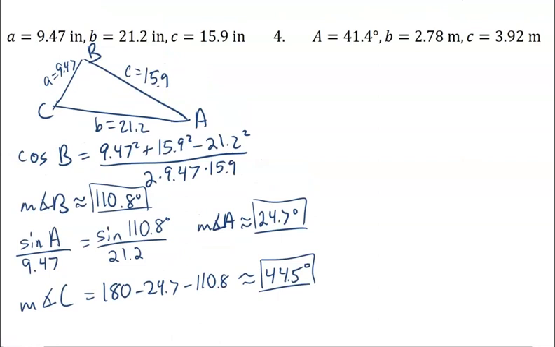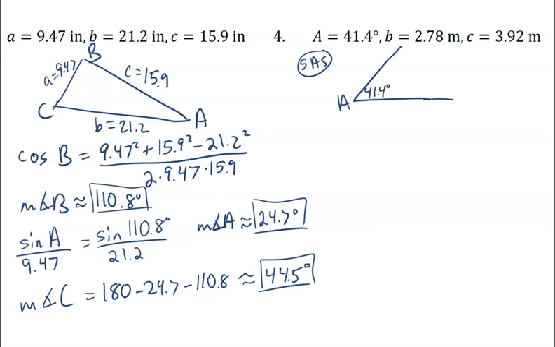All right, the last one here. I do have an angle and I have two sides. Because this is letter A, I know that it's the angle that's included between these two sides. So I have side angle side here. Okay, so when we draw this, I'm going to put angle A down here, and that's at 41.4 degrees.